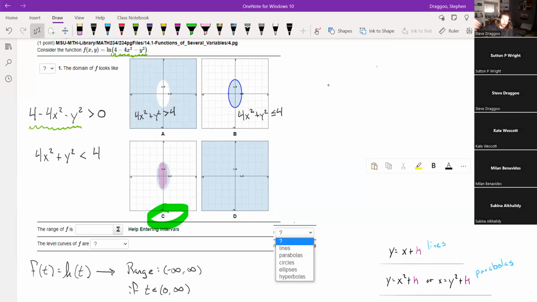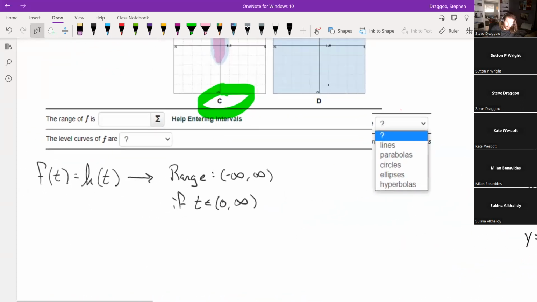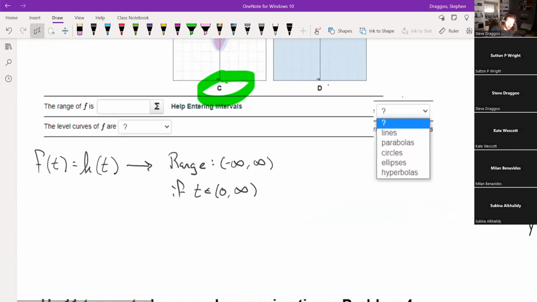Alternatively, to get large numbers out of my natural log, I just want to take the log of a large number. So I said all of that to argue that this function won't have a minimum value, so I can get as close to 0 on the inside as I'd like, but it will have a maximum value.